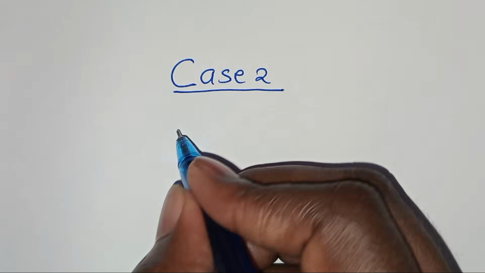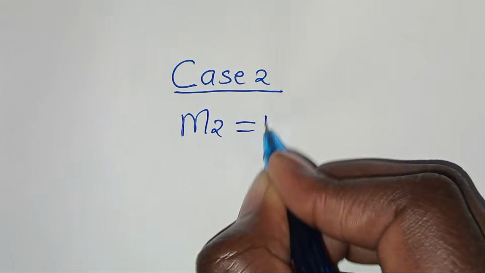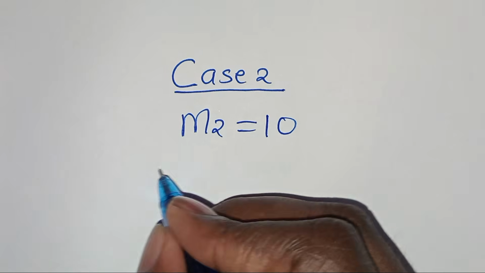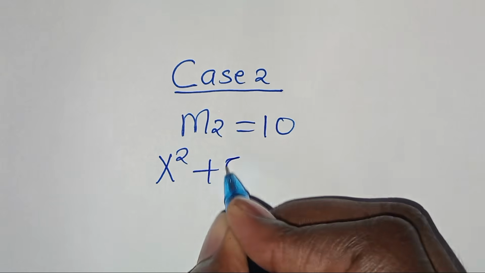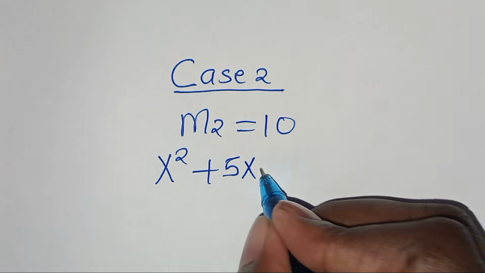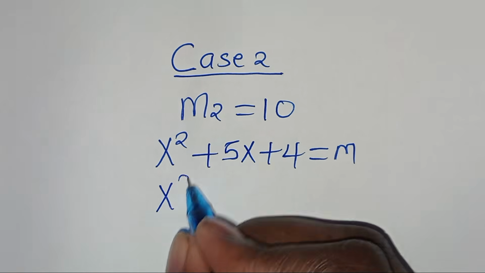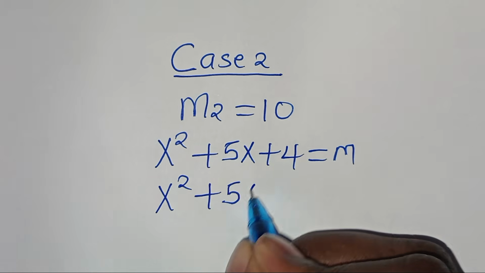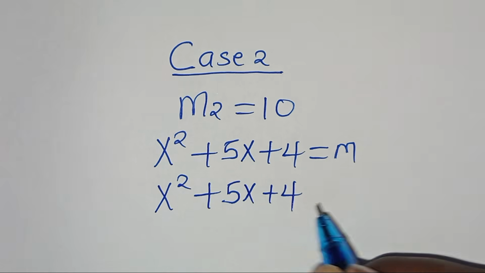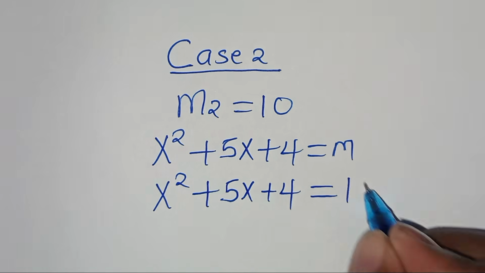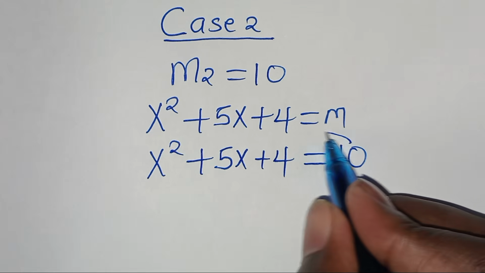Now in case 2 we have m2 equal to 10. And if you recall, we have x squared plus 5x plus 4 equal to m. So this means we have x squared plus 5x plus 4 equal to 10. Now let's take 10 to the left hand side.